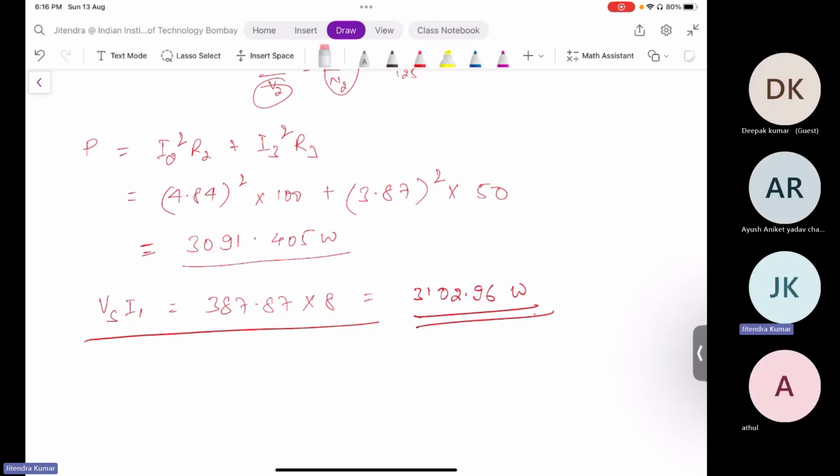Anyway, whatever answer did you guys put? Please let me know. Did you put this one, 310, or this one? And had your answer been corrected or did it come in the wrong category?